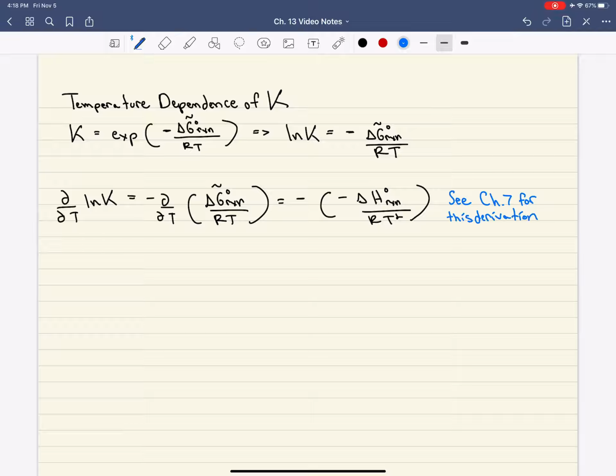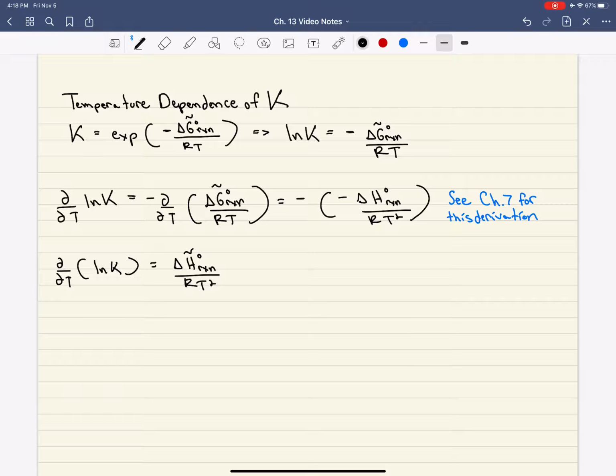Okay. In any case, what we have now is that this derivative, d dT natural log of K, is going to be equal to, these negatives cancel with one another, delta H reaction over RT squared.